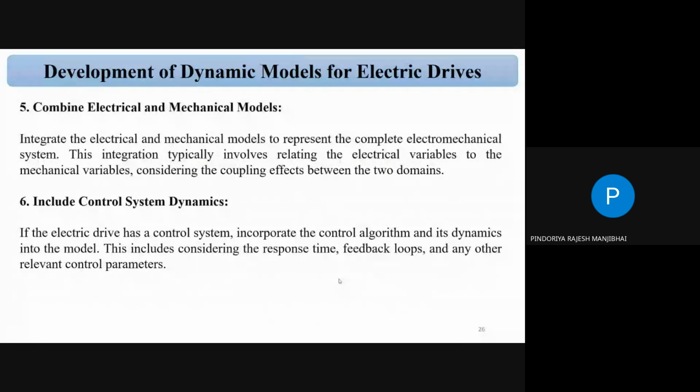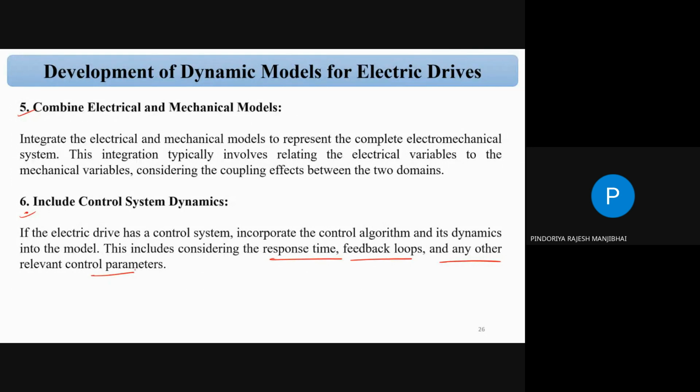Then the fifth one is to combine the electrical and mechanical models. Okay, so now we have to combine the mechanical plus electrical model, and then we make the simple electromechanical model. And the electromechanical model is nothing but your motor, correct? And then the sixth one is to include the control system. Now we have to control our motor, so we consider the response time, feedback loop, and any other relevant control parameters.